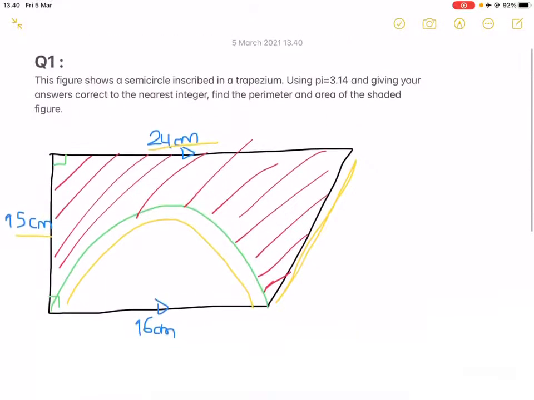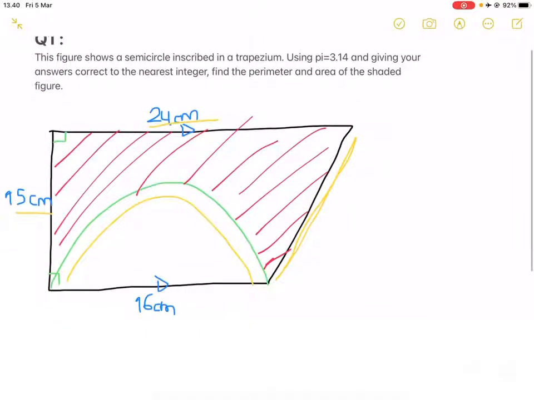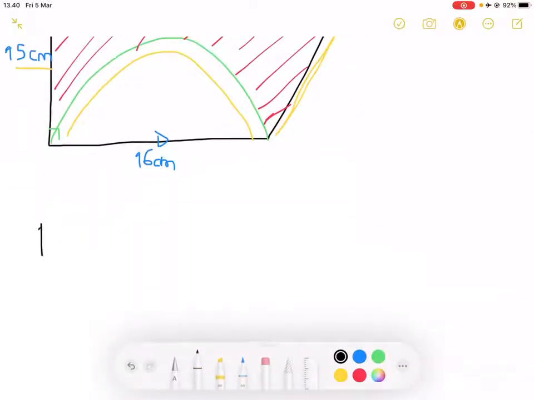Notice that it is the arc of a semicircle, which I'll call P of arc, and it is equal to a half times the circumference of the circle that was originally built into this.